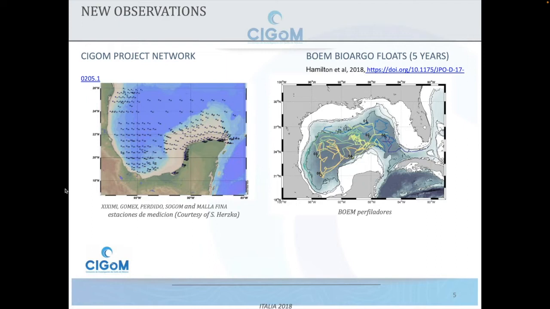The biogeochemistry floats provided unprecedented information about the fluorescence, or chlorophyll content, and a lot of useful biochemical information below the surface.